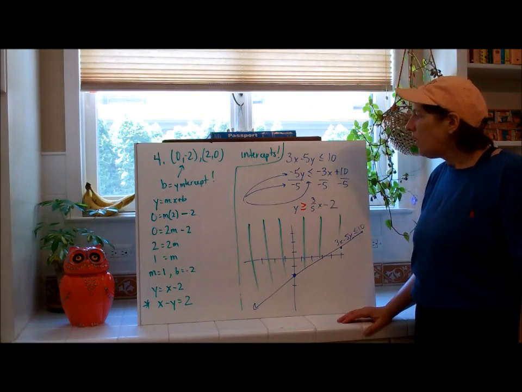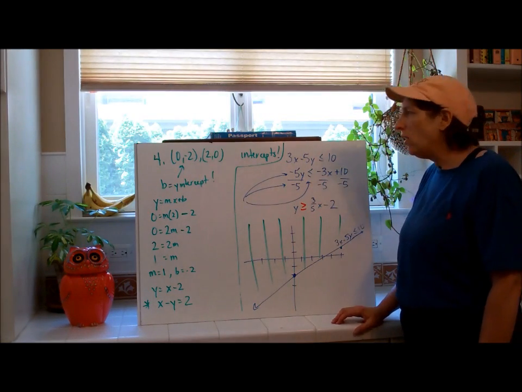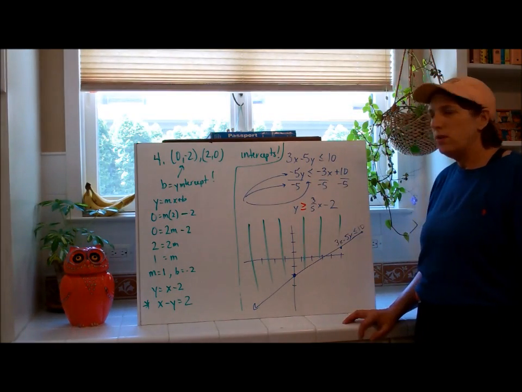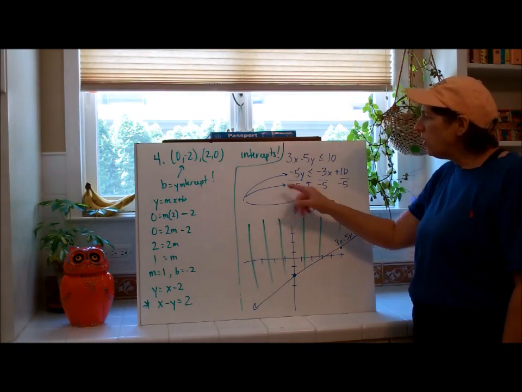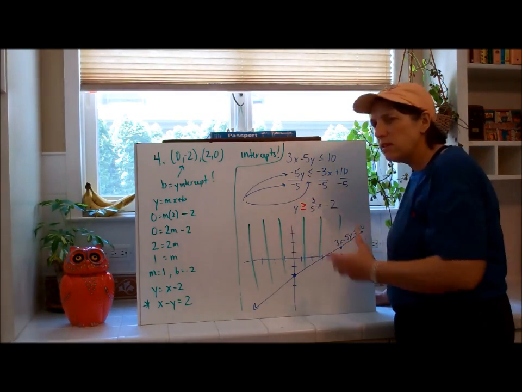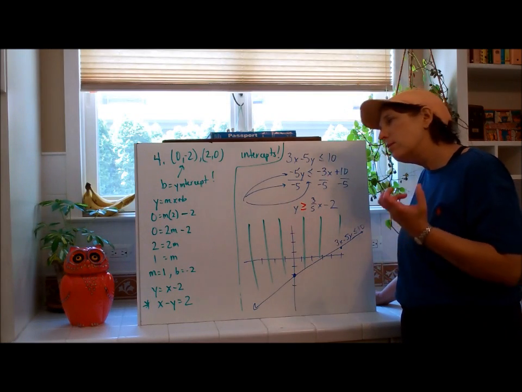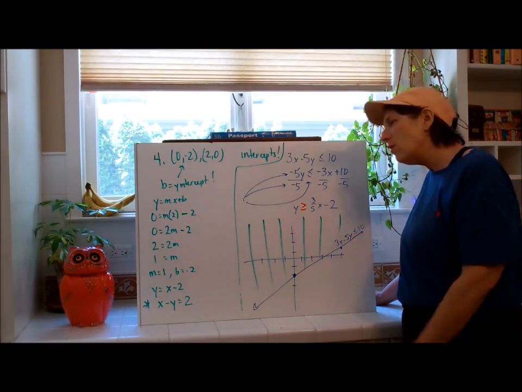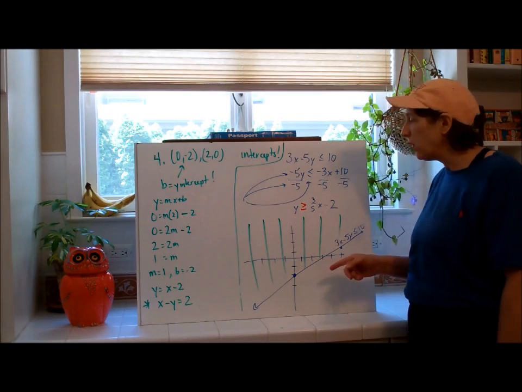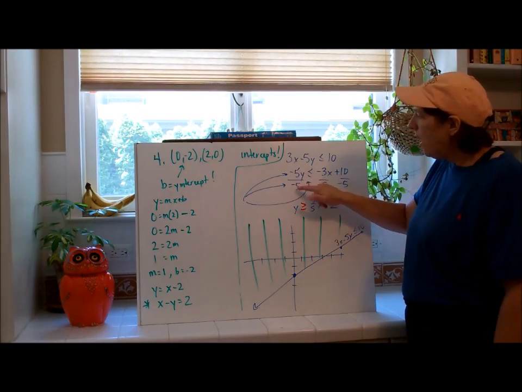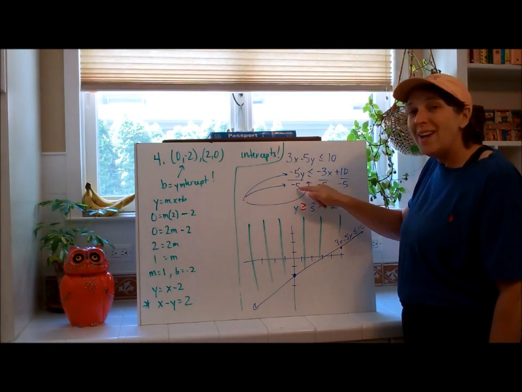Alright, here is the inequality 3x minus 5y is less than or equal to 10. I drew these arrows because when I'm isolating the y and putting it in slope-intercept form, just so I can graph it quickly, I make a quick sketch of the graph. I'm going to divide everything by -5.